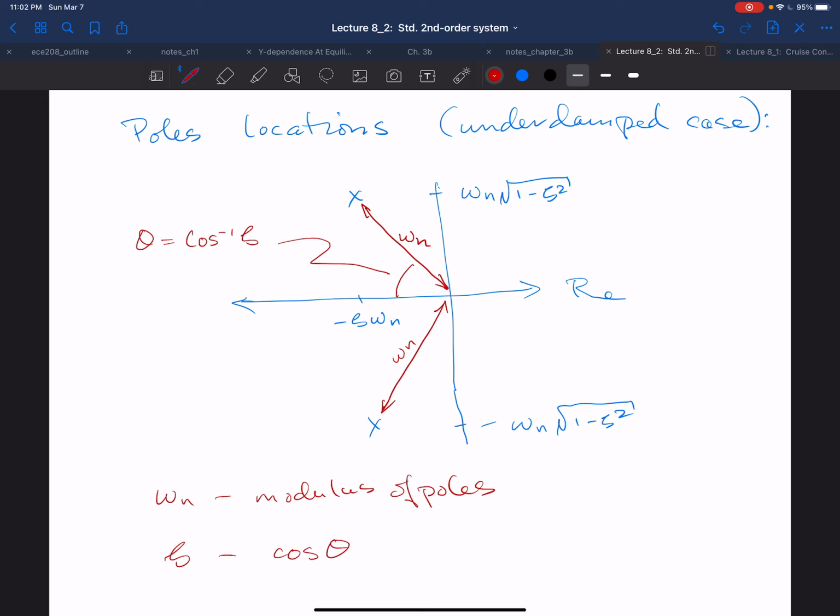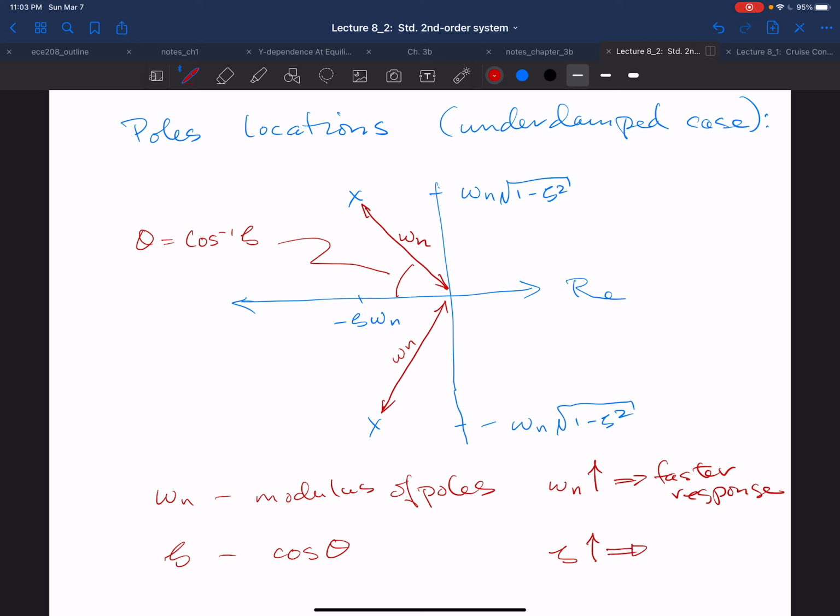Now again, we know that omega n can be thought of as a timescale factor. The larger omega n is, the faster the response occurs. And we saw that the larger zeta is, the more damping there is.